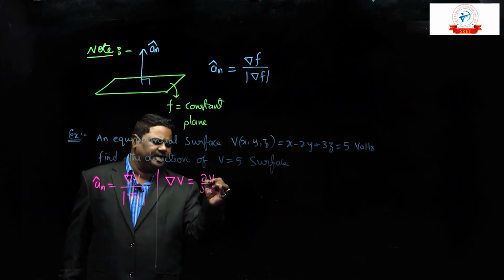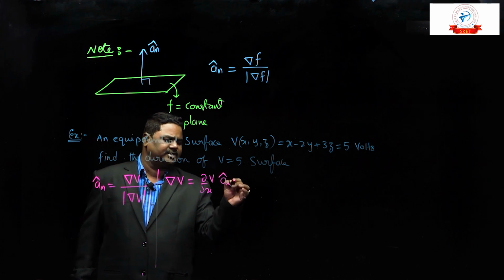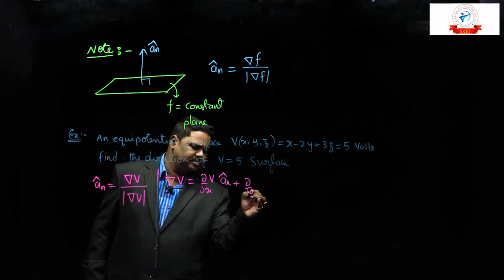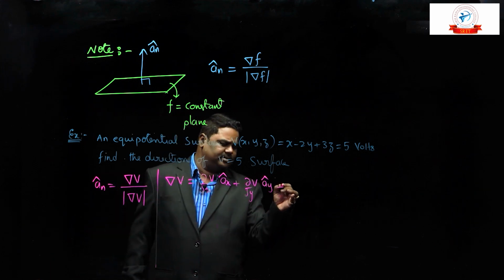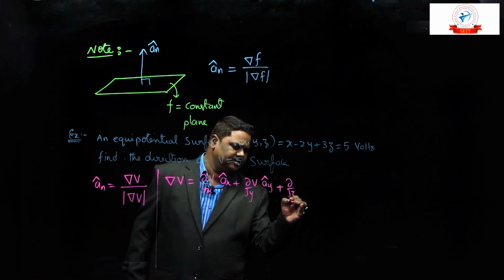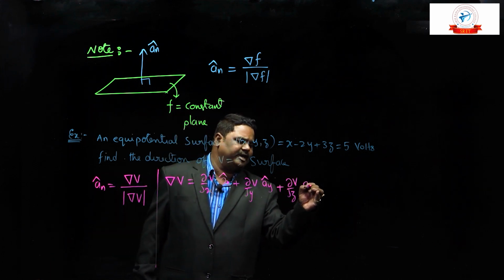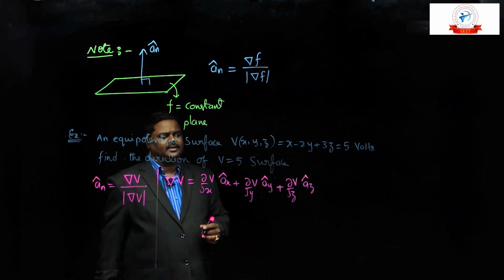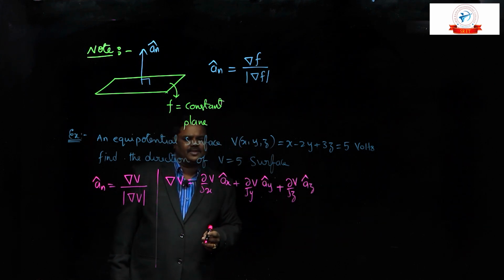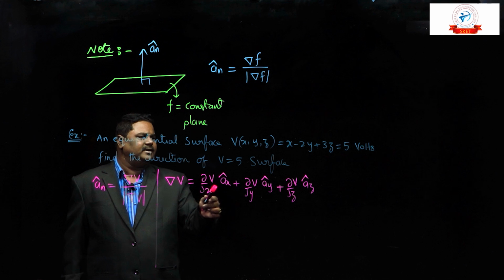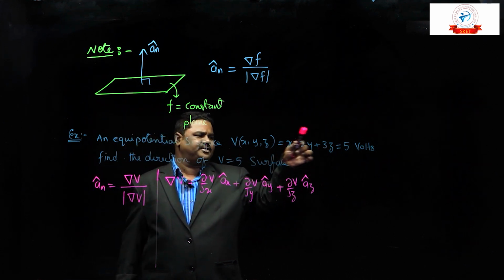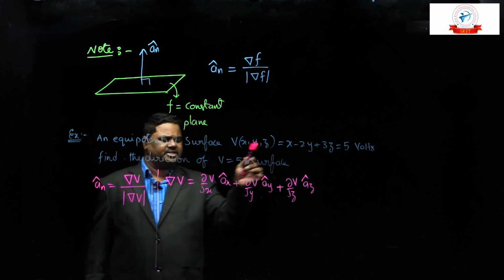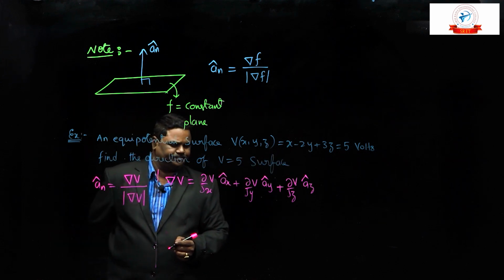dou by dou x of V into x cap, plus dou by dou y of V into ay cap, plus dou by dou z of V into az cap. This is the gradient formula. Now, we know the equation for V. The equation for V is nothing but x minus 2y plus 3z. Let us substitute this equation in the formula.